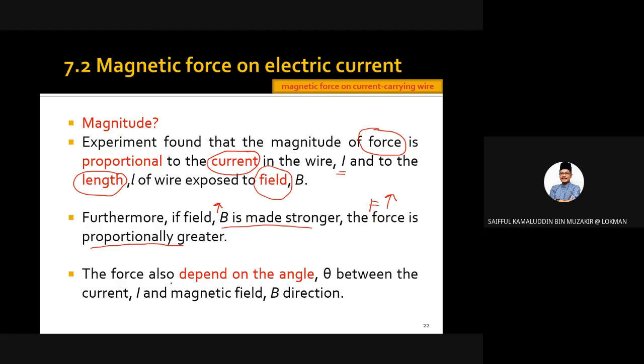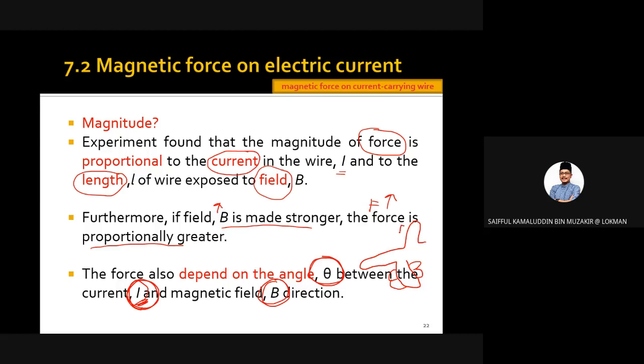The force also depends on the angle. Angle between I and B. Remember we have our thumb like this, our index finger, our middle finger like this, and the rest of the fingers like this.